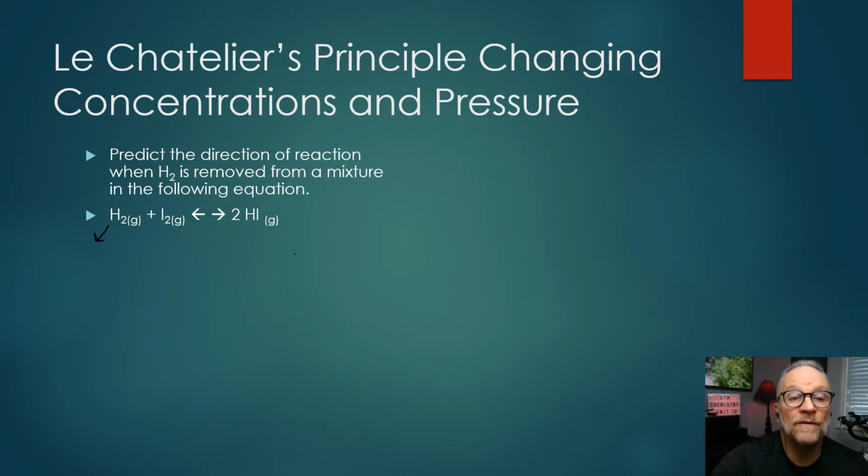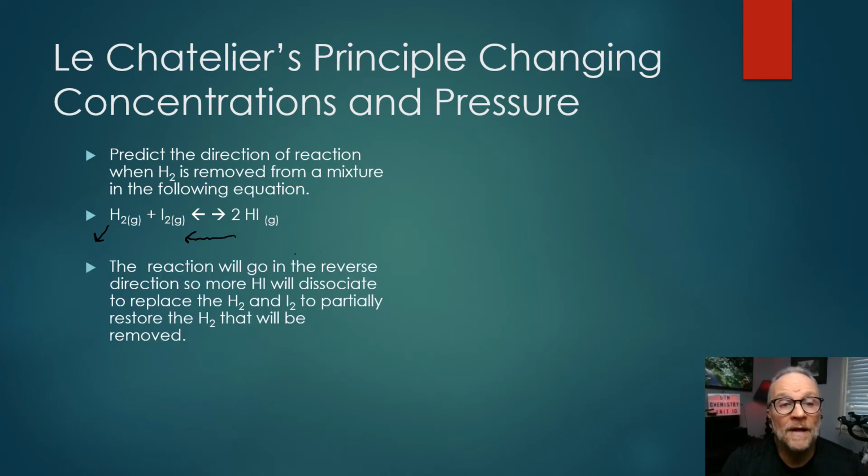It's going to shift towards H2 to produce more of it, so the ratio remains the same. So we get a shift to the left. The reaction will move in that direction, so more HI will dissociate to replace the H2 and the I2 to partially restore the H2 that was removed.